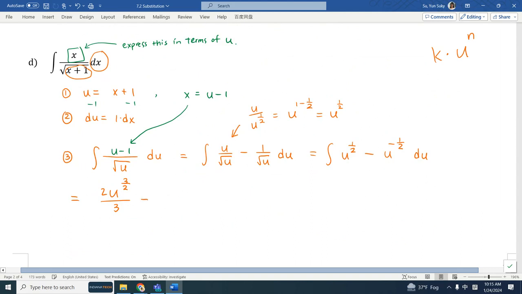And minus u to the what? Yeah, 1/2. And then when you divide by 1/2, what do you do to the 2? Yeah, bring it upstairs. So it becomes 2 times u to the 1/2. Everybody okay? And when you finish, what do you need to do?